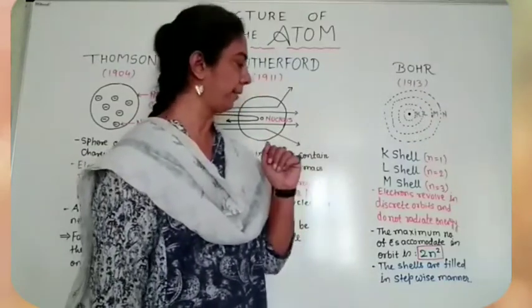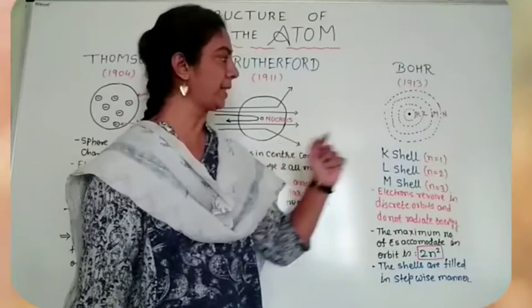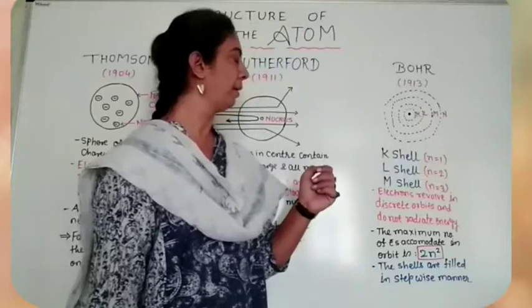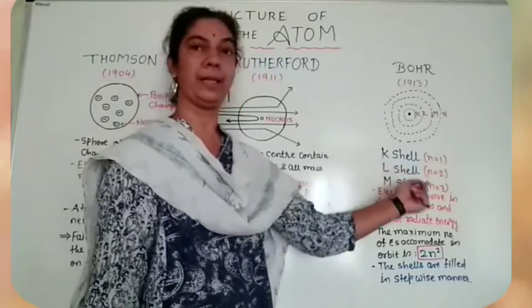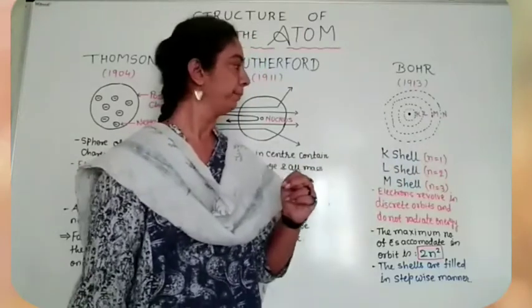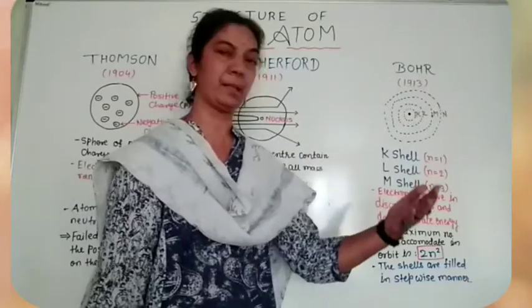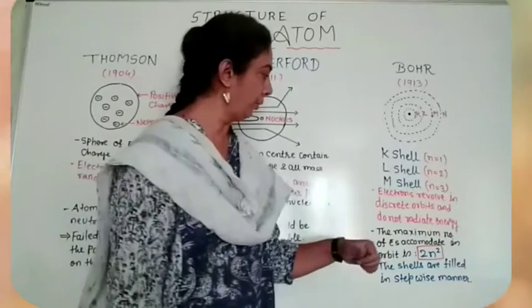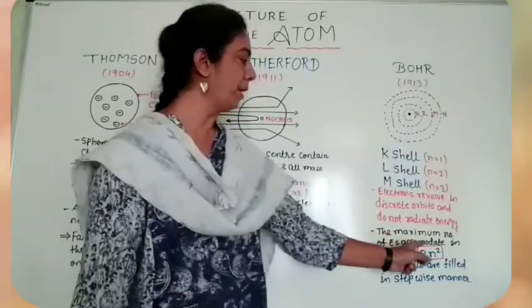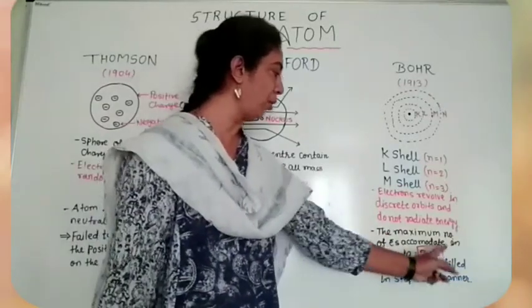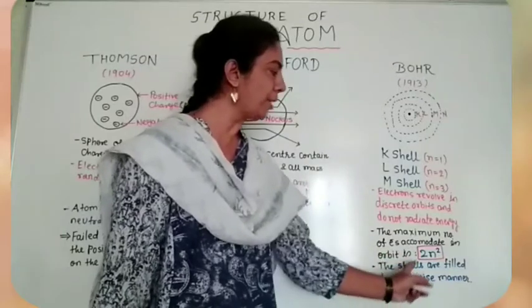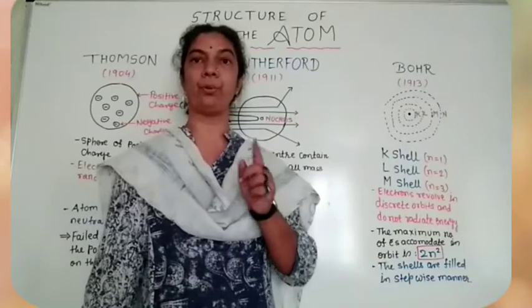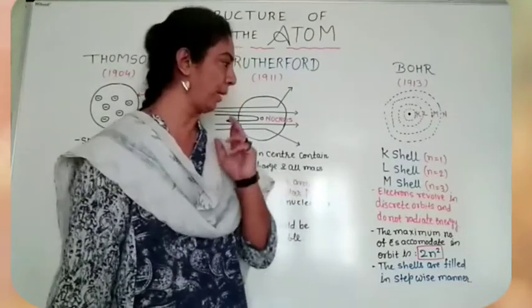As we have discussed just now, the K shell is the first shell, the L shell is the second shell, and M is the third, and it goes on. The maximum number of electrons accommodated in each orbit is given by the formula 2n square.